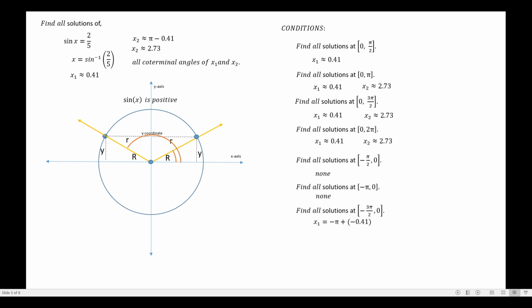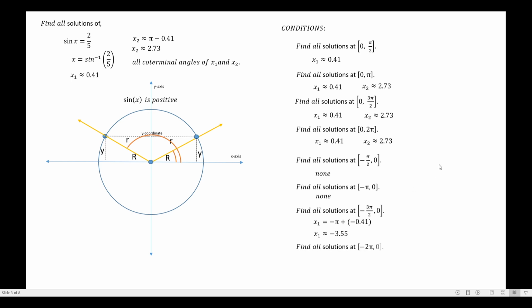So x sub 1 equals negative pi plus negative 0.41. Why am I counting negative? It's because I am rotating in a clockwise revolution. I'm adding them, so I have approximately negative 3.55. And this value, negative 3.55, is in between this interval.